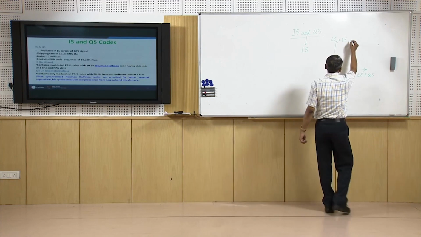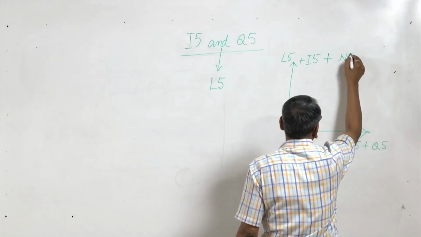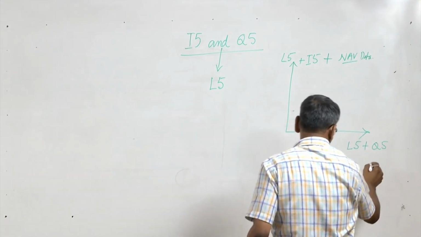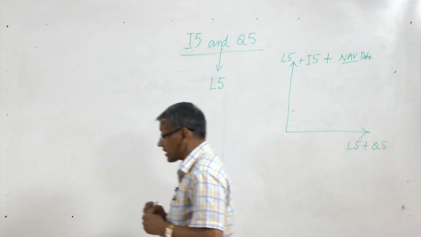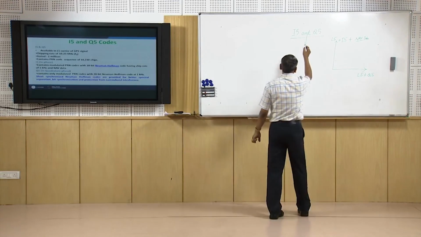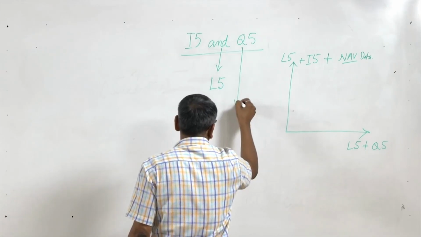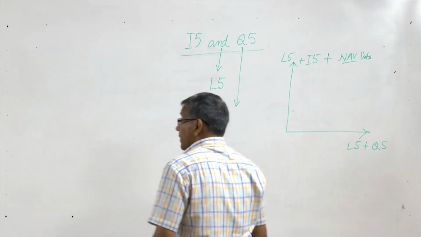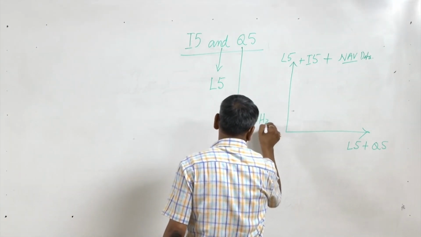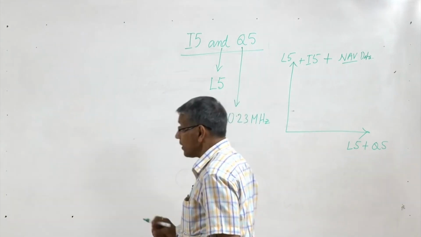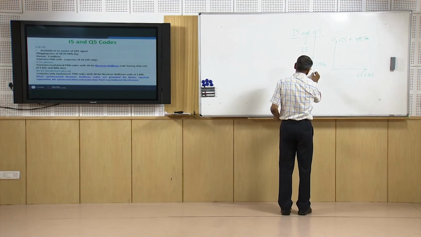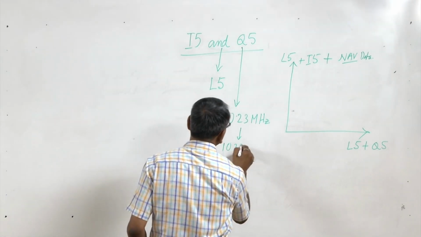Also the I5 signal is associated with the navigation data, but there is no data available with the Q5 code. Now the I5 and Q5 codes have a chip rate of 10.23 megahertz, as with the P code.